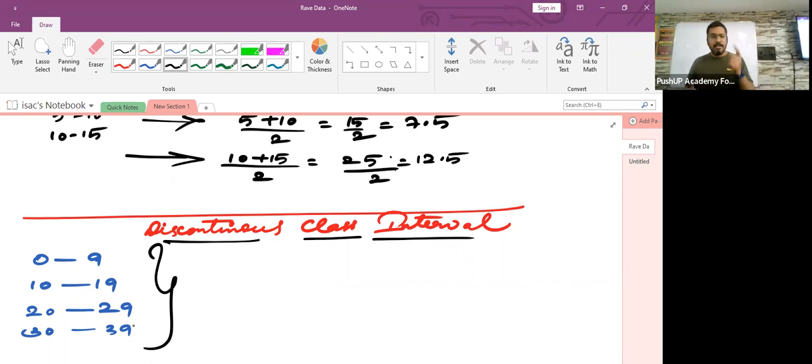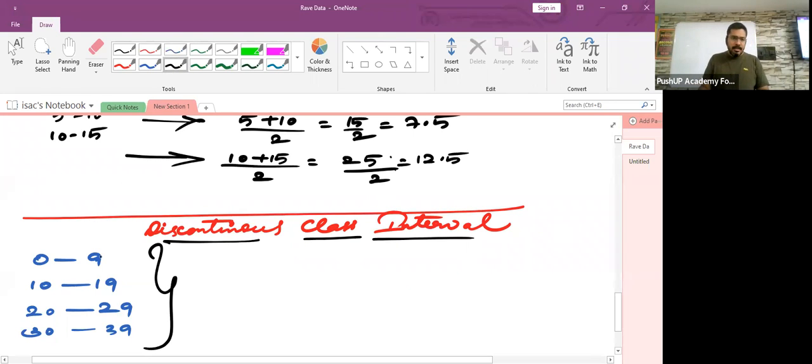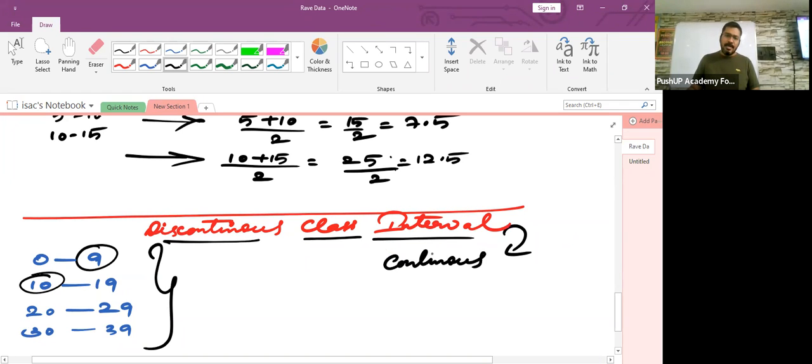Out of which, let me take the first step. Children, here the upper limit and the lower limit are mismatching. So first of all, I'll be teaching you how to convert a discontinuous class interval into a continuous class interval.